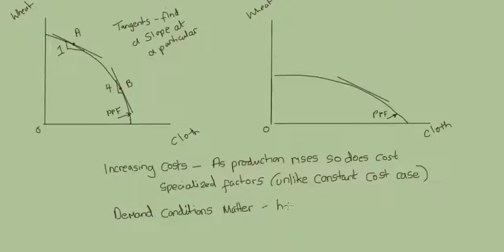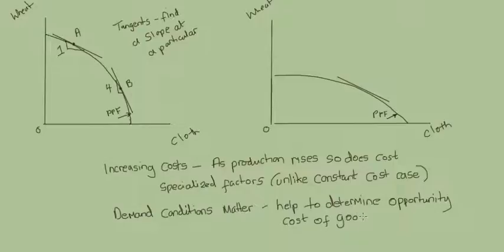They help, but in this world, where which point we pick on the PPF matters in terms of determining what opportunity cost is, we have to know something about demand conditions to know which country has the lower opportunity cost of a particular good.